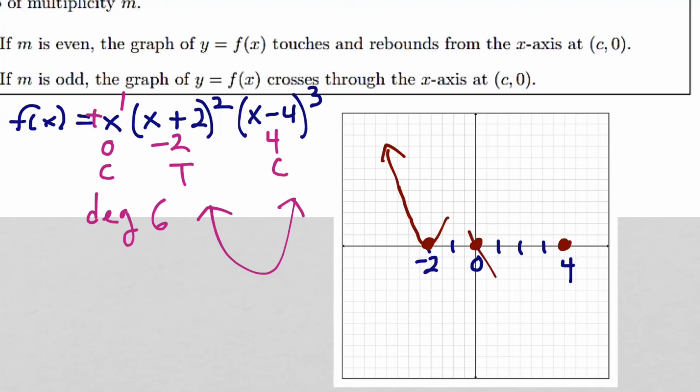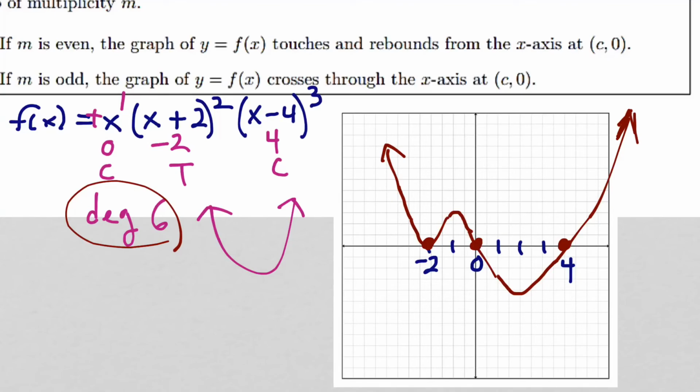So we have to have a connection here, physically speaking, to make this graph connect. Then we get to the 4, and we're going to cross because of the odd multiplicity, and then we're going to go up and out to meet the end behavior. So there's a connection that has to be made here, and then the end behavior that we know of because it's a degree 6 with a positive coefficient.